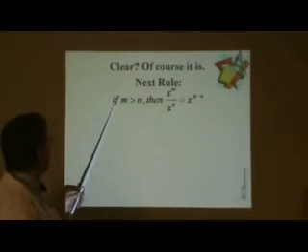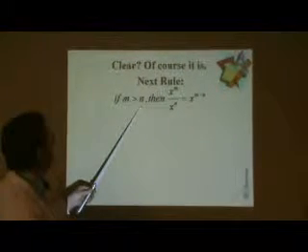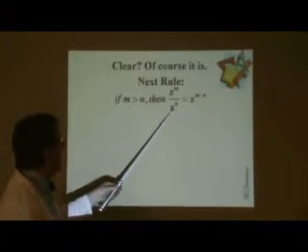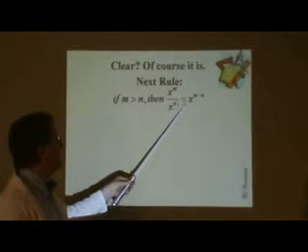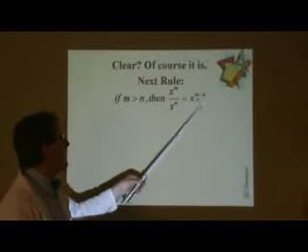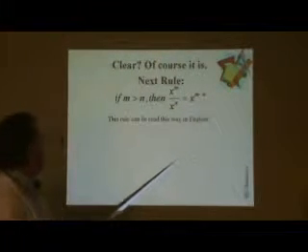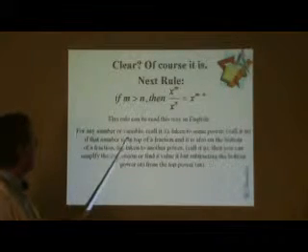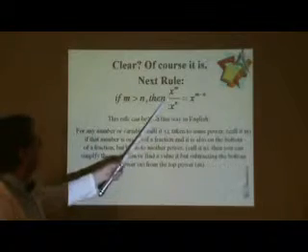We have a rule that if m is greater than n, then x to the m power over x to the n power is equal to x to the power m minus n. Why does this work? Well, first let me state it in English. For any number or variable, let's call it x. We called it x.